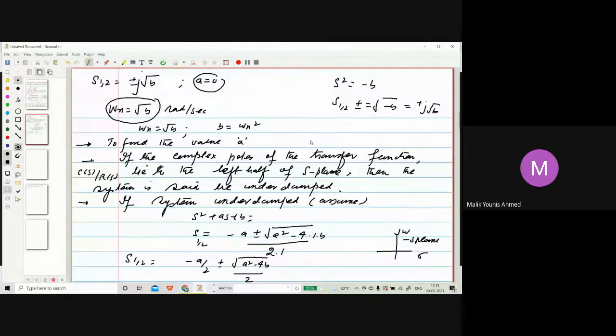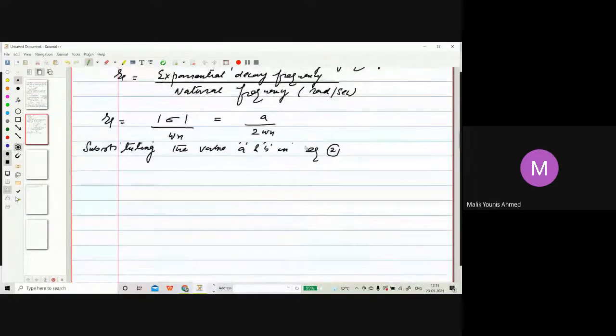The a value we can get from here: a will be 2 xi omega n. So now substitute these values.